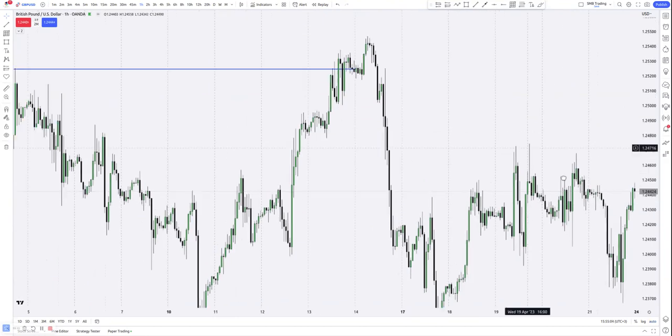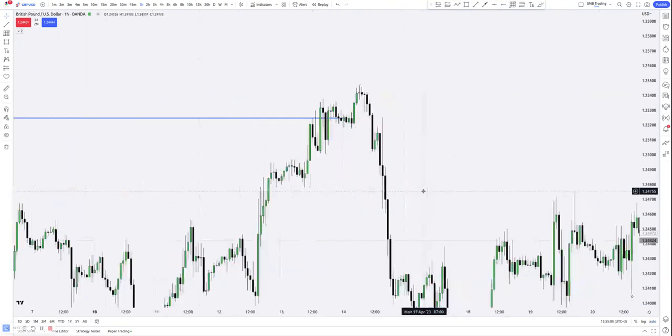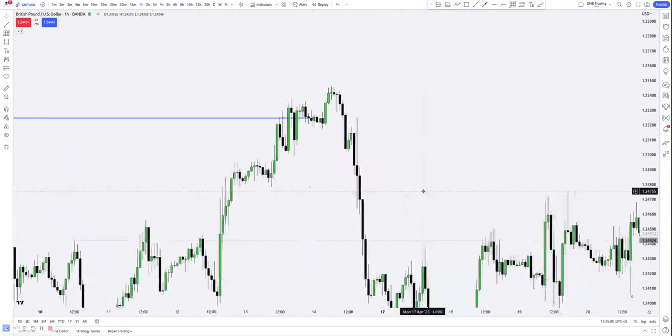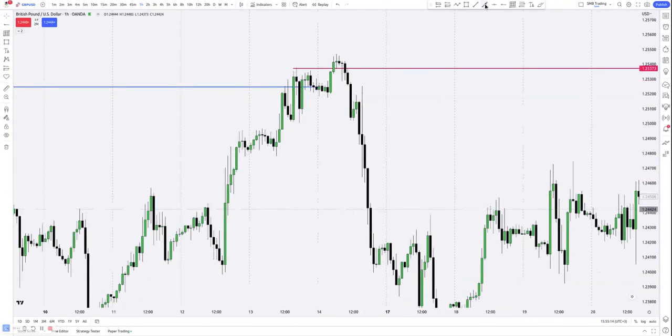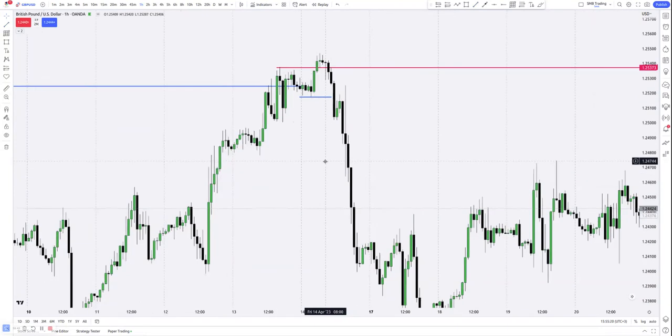So now, just as usual, I ask myself, what is the bias for today? And then I notice we've taken a previous day's high. We have a breaking structure, a shift in structure. All I wait for is price to come back in the breaker.